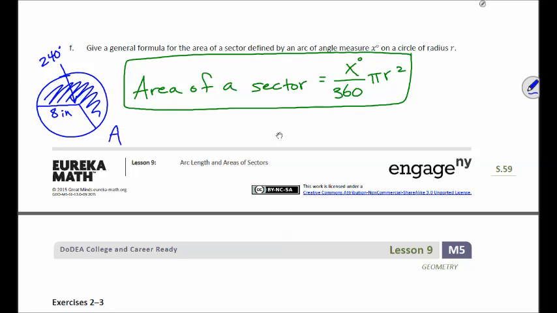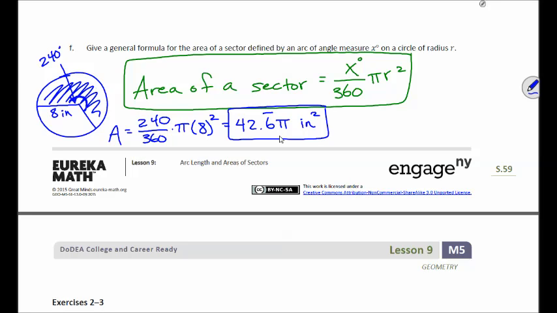Well, the area would be the angle measure, 240 divided by 360, because that is the fraction of the entire circle that I want the area of, times the area of a circle, which is pi times radius squared. Now I'll do this in terms of pi, and I get 42.6 repeating pi inches squared. And that's how you find the area of a sector.